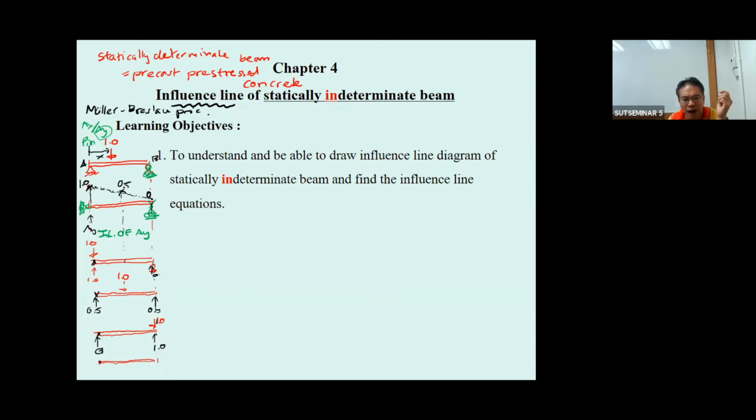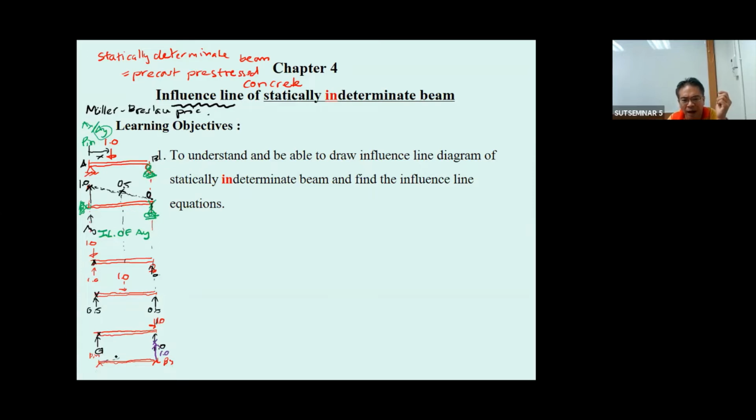You just keep this one as the pin support. This is going to be the pin. You release this and then you put this B sub y and you move this one, let's see, we put it in this color, for 1.0.